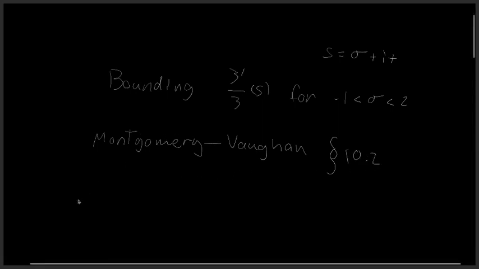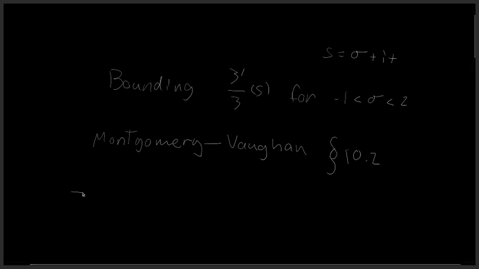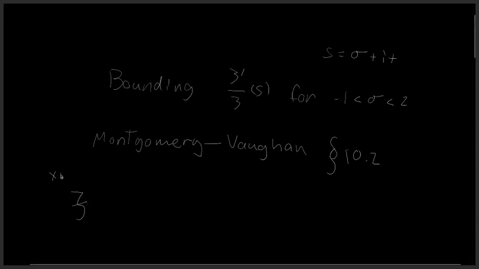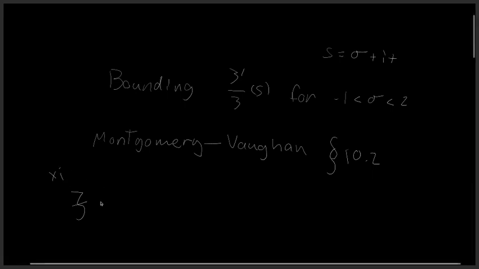And what they do there is they introduce what's called the Riemann xi function. So xi, I'm going to write it like this. So zeta with a line through it. So this is lowercase Greek letter xi.